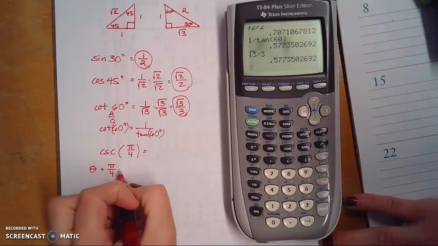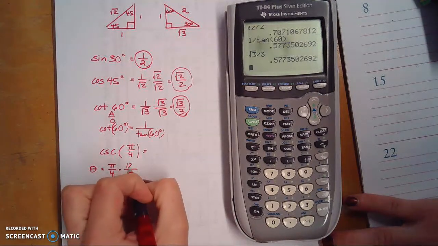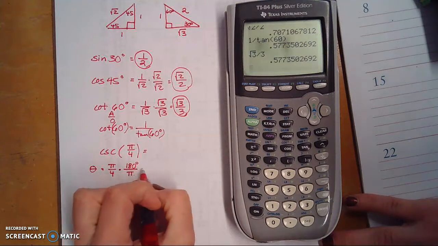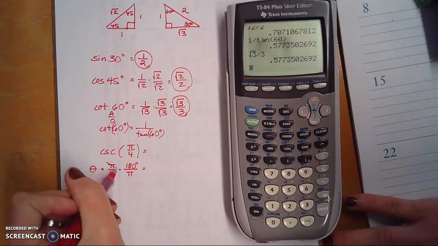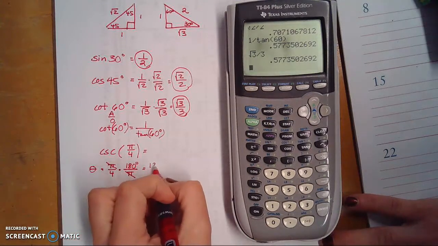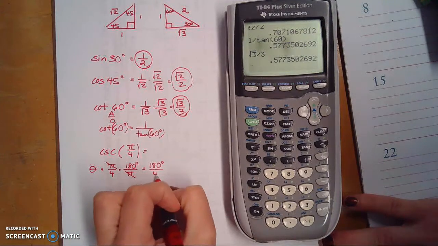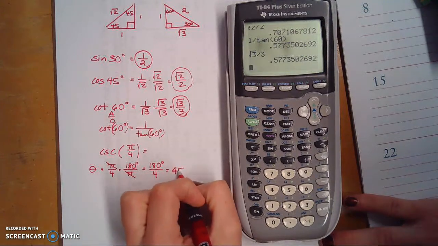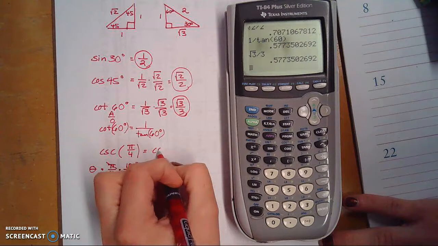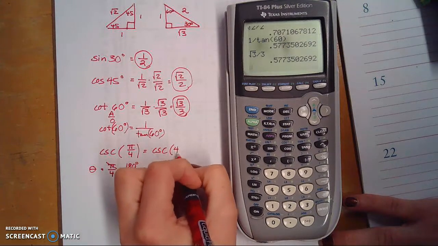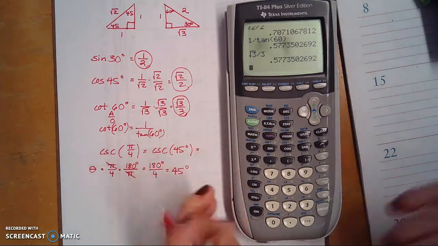So in order to convert it to degrees, we're going to multiply by 180 degrees over pi. We talked about this last week. So the pi's are going to cancel. We're left with 180 degrees over 4, which means that we're really dealing with a 45 degree angle. So here I'm really asking you to find the cosecant of 45 degrees.